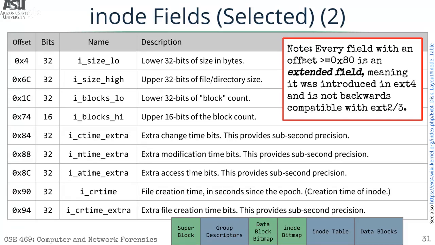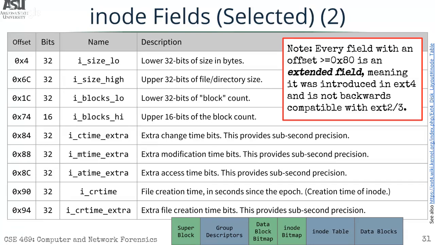Basically what they said was, with only 32 bits of data to count seconds from 1970, we're actually going to overflow our value in 2038. Kind of a problem, right? So what they decided to do was, as of ext4, ext3 doesn't have it, they added these extra fields. So any offset in this table that is greater than or equal to 0x80 is specific to ext4.